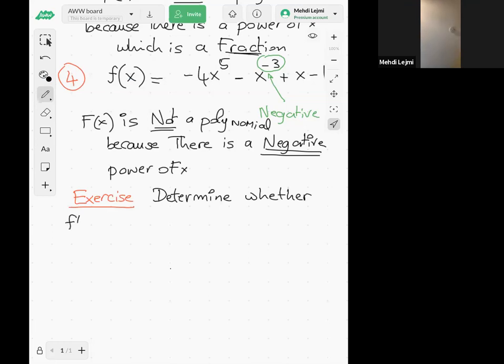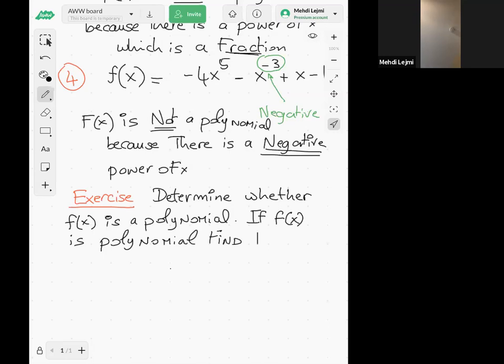And if f of x is a polynomial, then please find the degree n and the leading coefficient.